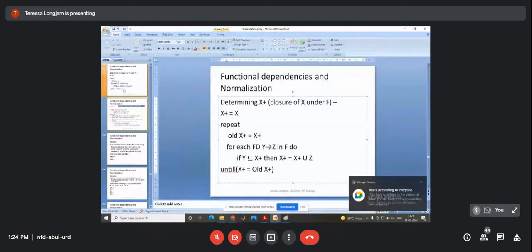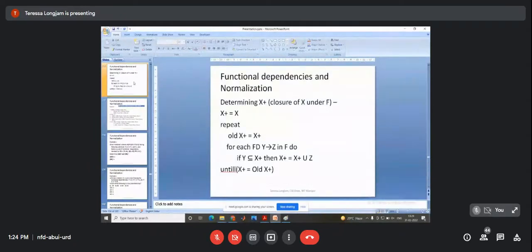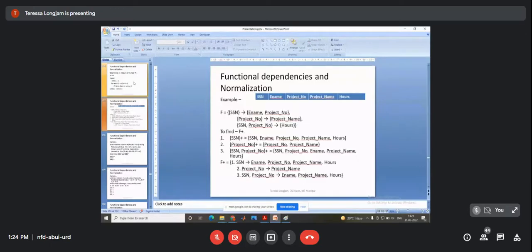Okay, let us see an example, then you will understand it better. Here a relation is given and a set of functional dependencies F is given. We have three functional dependencies in F. The first one is SSN determines E-name and project number; these are all sets, that is why we enclose them in curly braces.